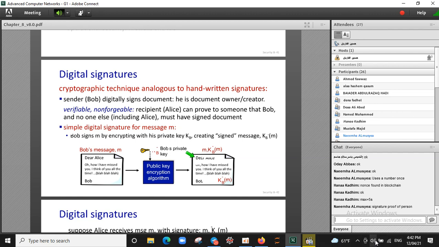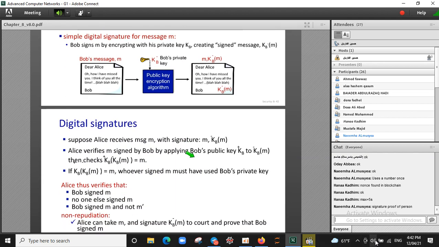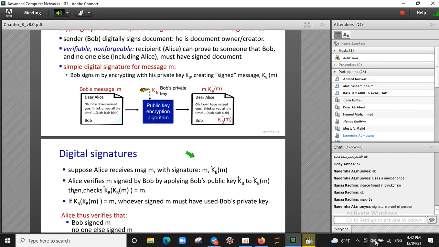But why does this work? It's simple. How can I prove that this message comes from Bob's side? Very easy. I know that Bob's public key is published over the internet. Always. The public keys are published over the internet. And now I'm asking Bob to sign this message with his private key.